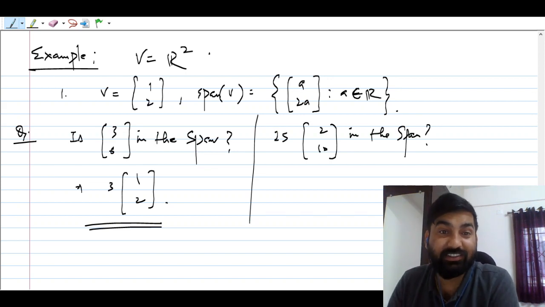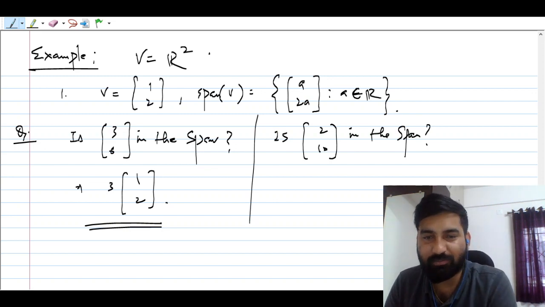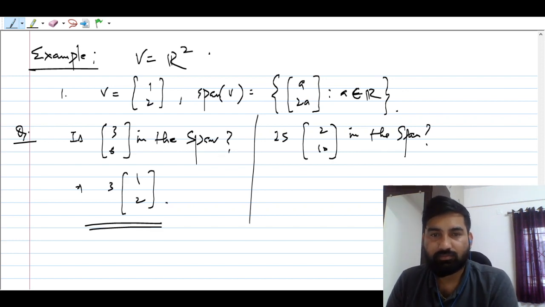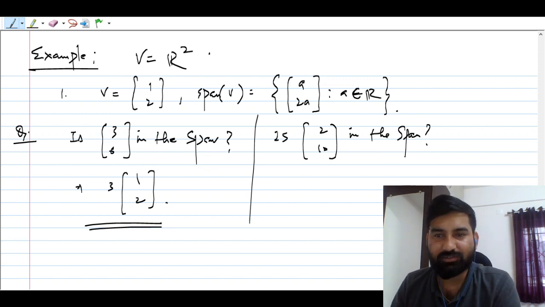Can we create this 2 10 with the help of this V by doing some simple operation? Tell me fast. You are saying yes. How is it? 2 10 में 2 कॉमन लोगे तो 1 5 आ रहा है ना. हाँ, you can take 2 common. Are you getting the same vector here V?